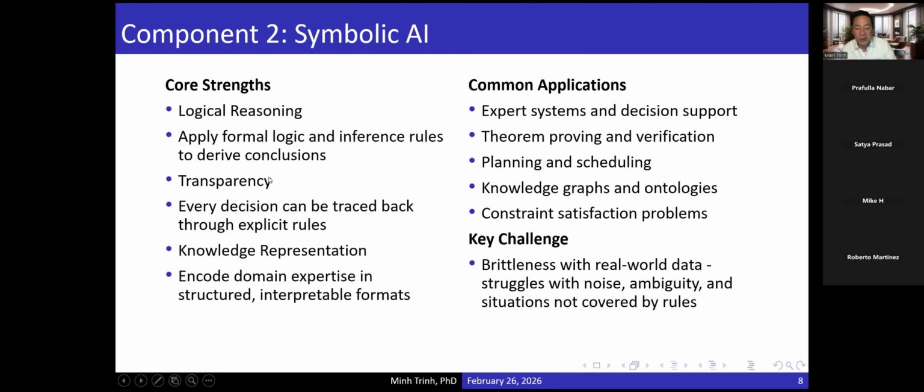The second system, I talk about symbolic systems, so let me skip this. But we can see the applications for expert systems or decision support, theorem proving. So we can talk about this. Planning and scheduling, right? So you have special programs that handle planning, like PPDDL. I gave a presentation on planning, you can refer to that.